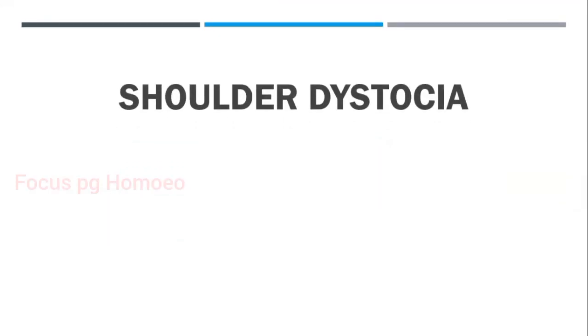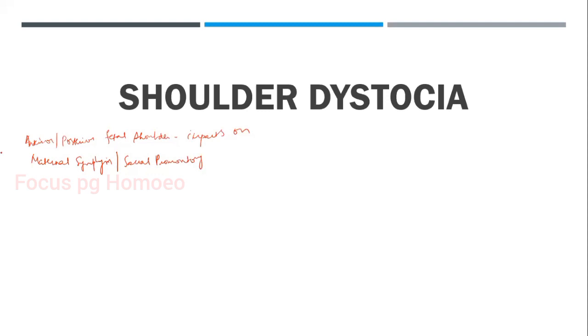Next, there is a condition called shoulder dystocia. So in brief, I will just tell. What happens in shoulder dystocia? Here, the anterior or posterior fetal shoulder impacts on the maternal symphysis or sacral promontory, and the shoulder delivery becomes difficult.